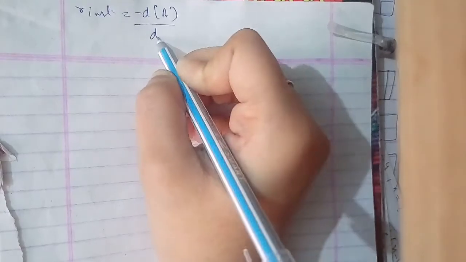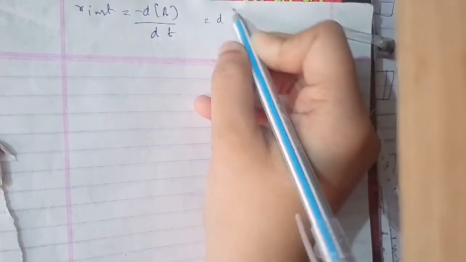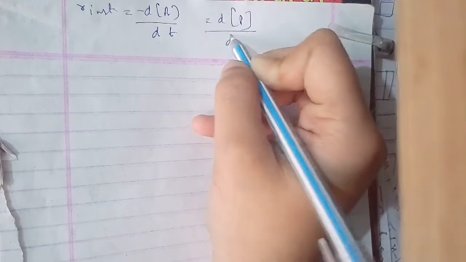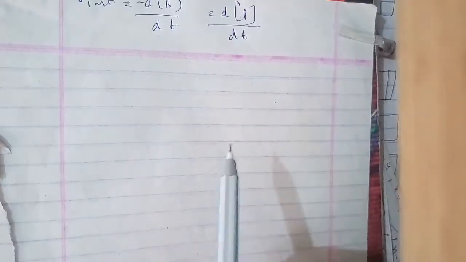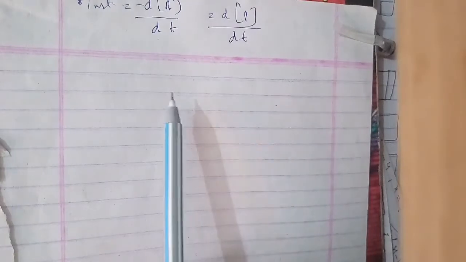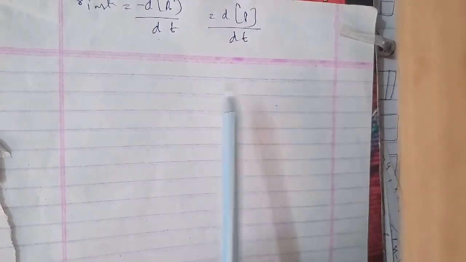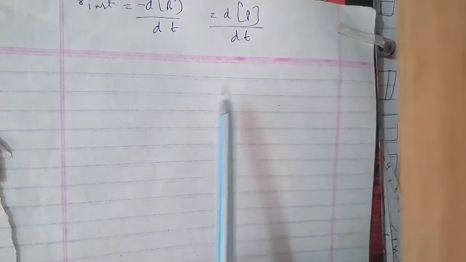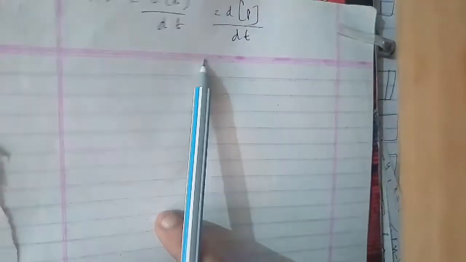And in this problem here, r instant at 600 seconds, for example, can be calculated by plotting concentrations of butyl chloride as a function of time, and the tangent is drawn that touches the curve at t equals to 600 seconds. The slope of the tangent gives the instantaneous rate here.